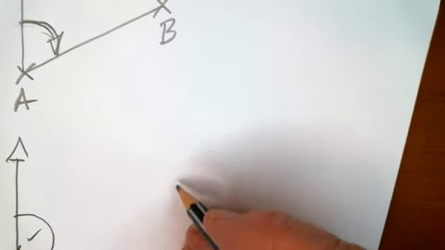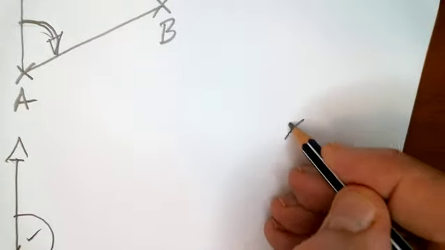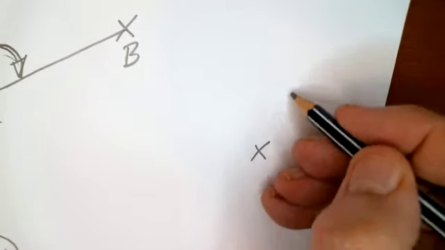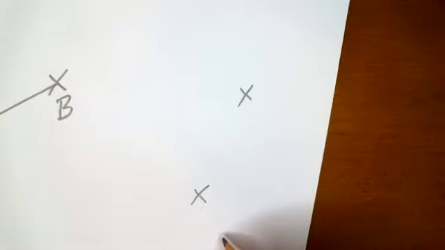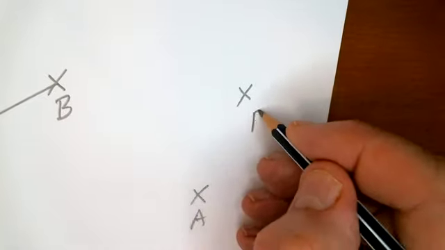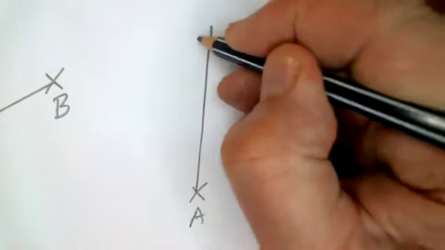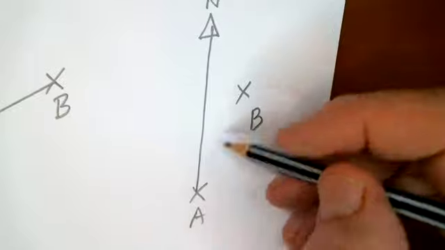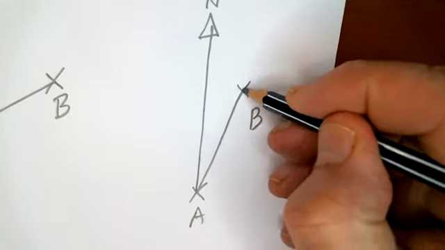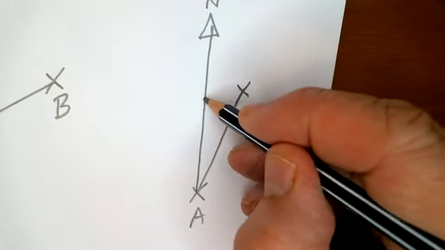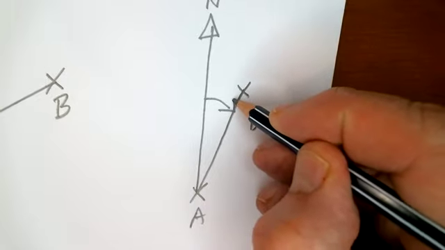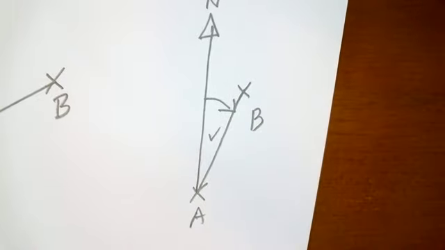So let's say we're going from here to here. Here's our A, here's our B, there's north, and we're going to B. Start at A and we work our way around, start at the north and work our way around. There's the bearing. Whatever angle this is, that's our bearing.